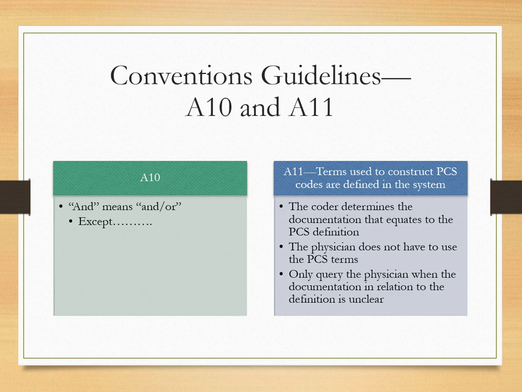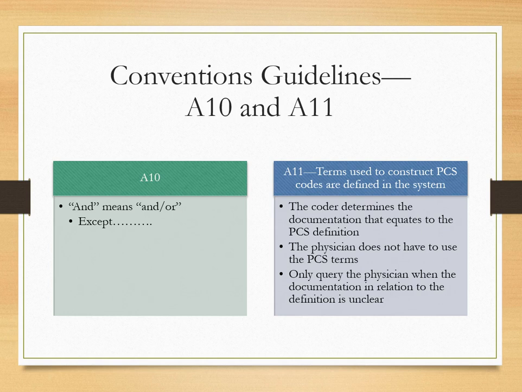For example, when the physician documents partial resection, the coder can independently correlate that partial resection is excision. Now, I know you may be thinking, well, he said resection. That is true.